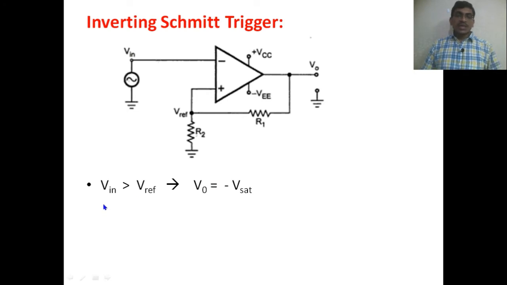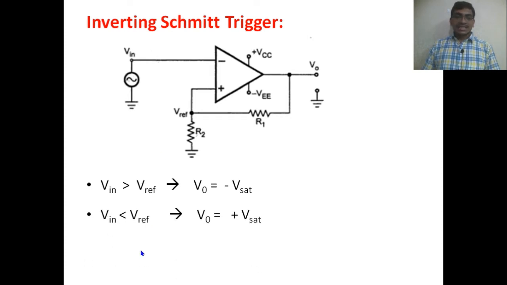Here VIN is greater than V reference, so the minus voltage is greater, therefore minus V saturation will be the output voltage. This operation is similar to the normal comparator circuit.